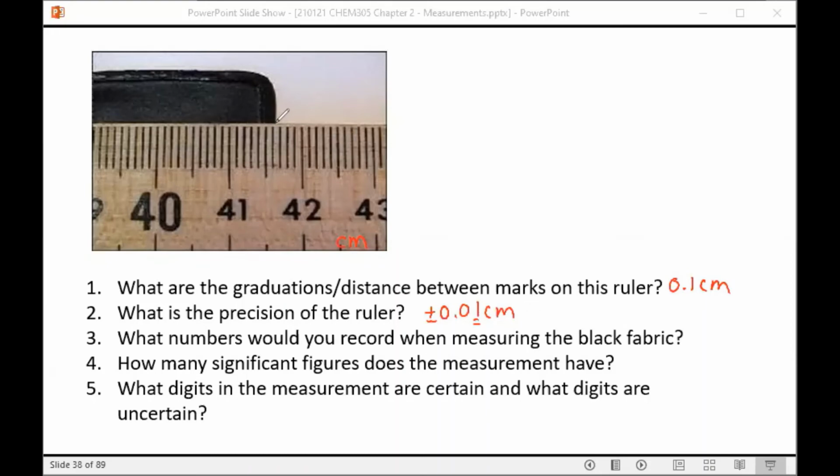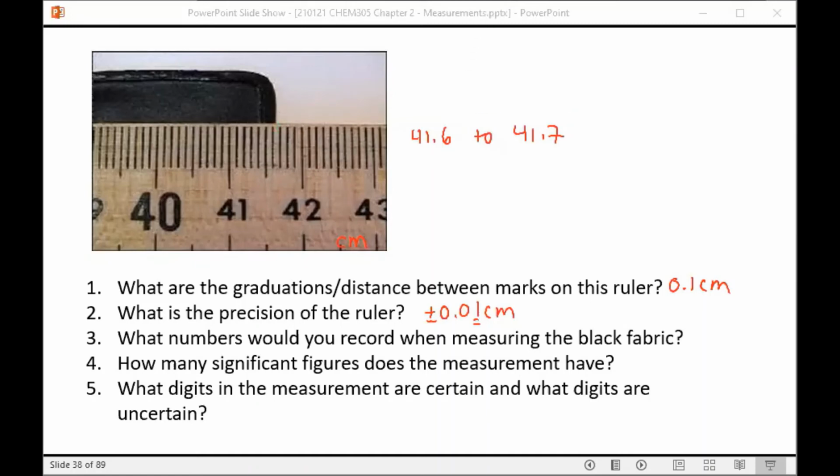So let's try to figure out how to measure this. Say it's right there. So I'd say that's between 41.6 to 41.7. And now we have to estimate how far between the 0.6 and the 0.7 it is. And I think it's closer to the 0.6. I'm going to erase my line so I can see a little better.